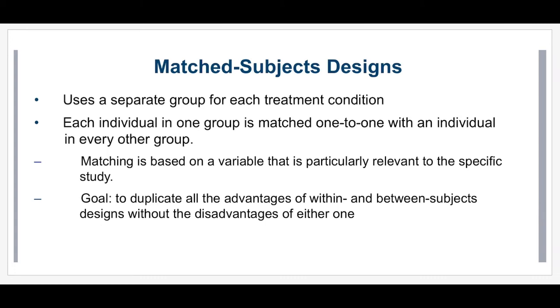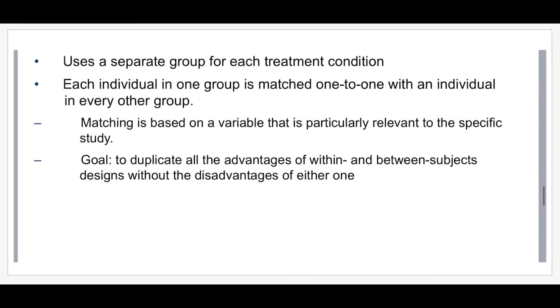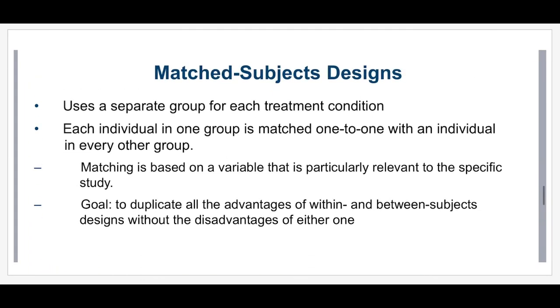They're still not exactly the same person on all variables. So it does reduce those individual differences, but it's more of an in-between. It is in between the within and between subjects advantages and disadvantages, because it can't completely remove those individual differences.